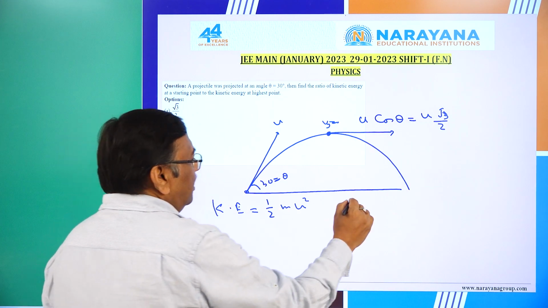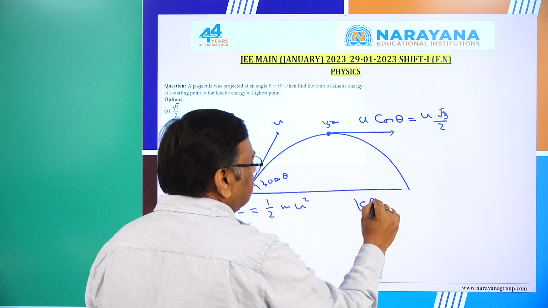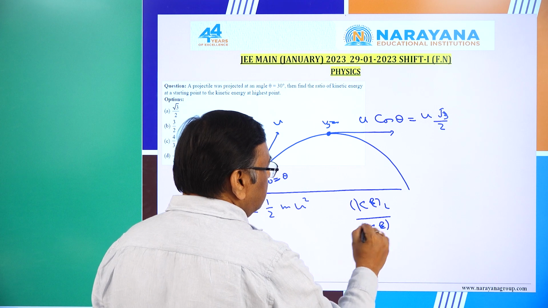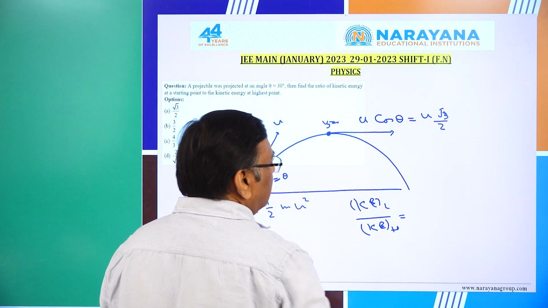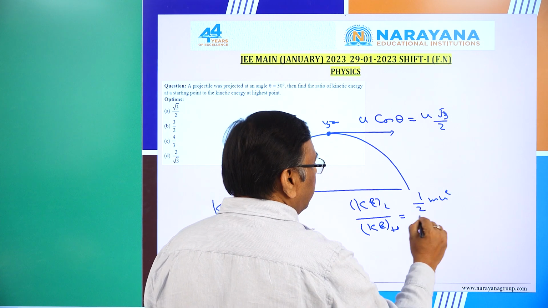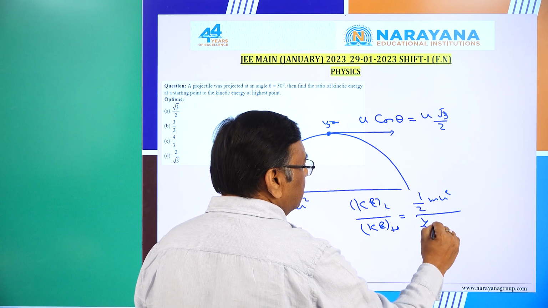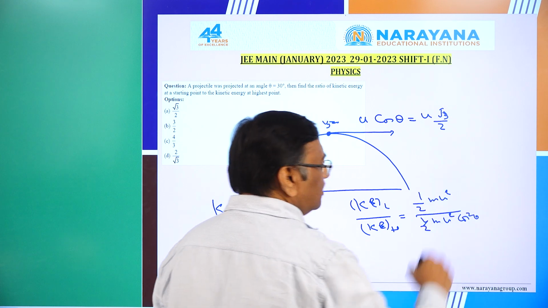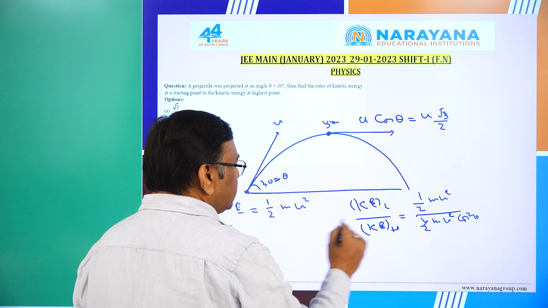So what we can say, kinetic energy at the lowest point to the kinetic energy at the highest point is going to be half m u square divided by half m u square cos square theta. So definitely it is going to be sec square theta.